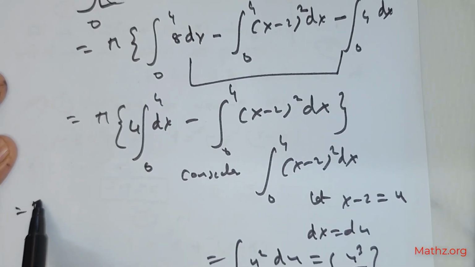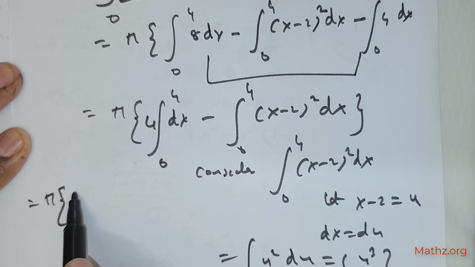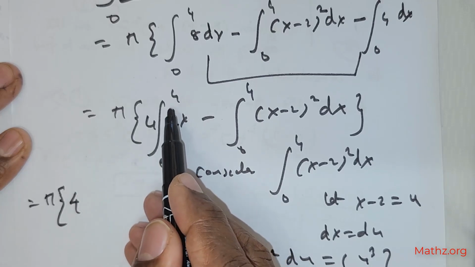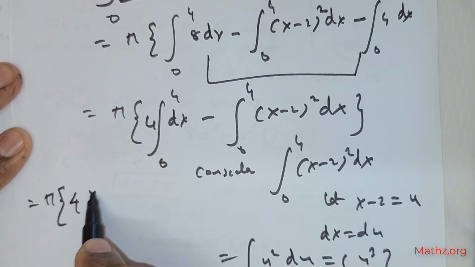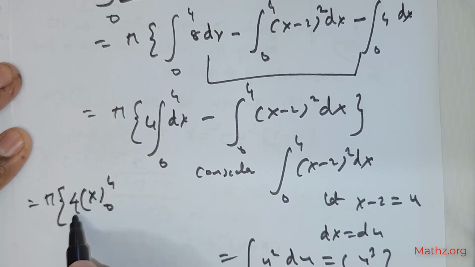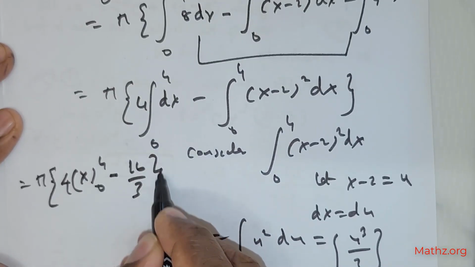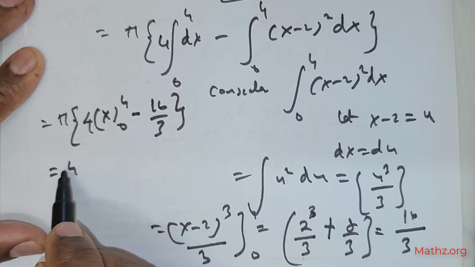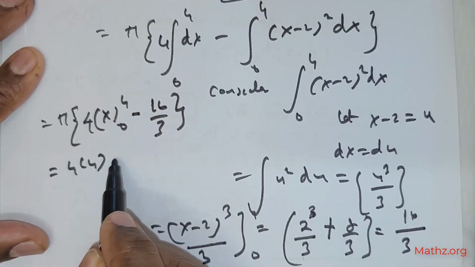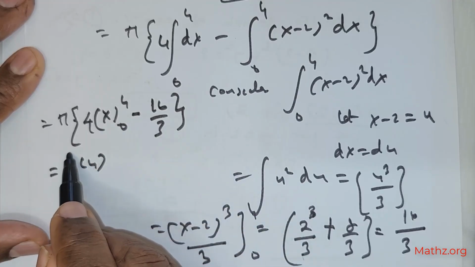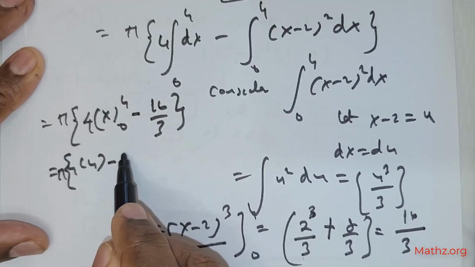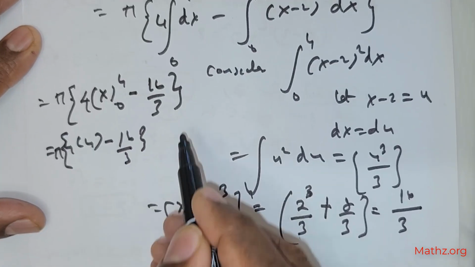So this is pi times of 4, when you integrate this you get 4x, substitute the upper limit, you get 4 times x from 0 to 4, minus, already I've shown you how to get this, this is 16 over 3. You substitute the upper limit, you get 4, lower limit is 0, no use of substituting that, so you have a pi there, so this is 16 over 3.